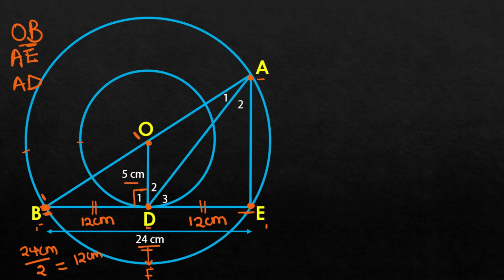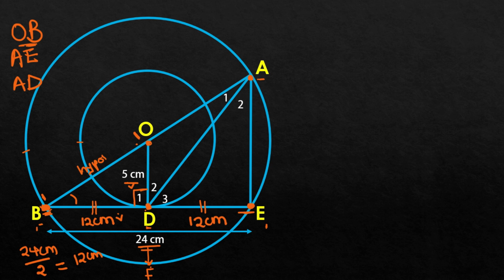Now that we have established, if this is our angle of interest, the adjacent side and also the length of the opposite side are given. We only need to find the value of our hypotenuse. This is our hypotenuse for triangle BOD.